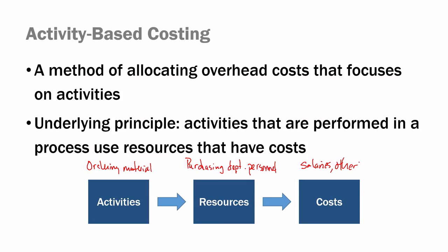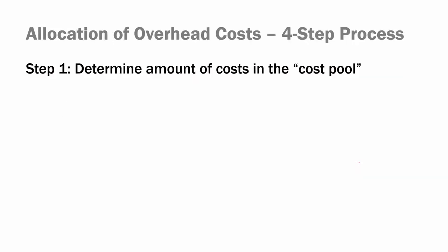Let's apply our 4 steps for allocating overhead to activity-based costing. Now remember, step 1 is to identify groups or pools of overhead costs. With a plant-wide allocation approach, that was easy. There was one pool, and it consisted of all the indirect manufacturing costs. So how do we do that with activity-based costing?